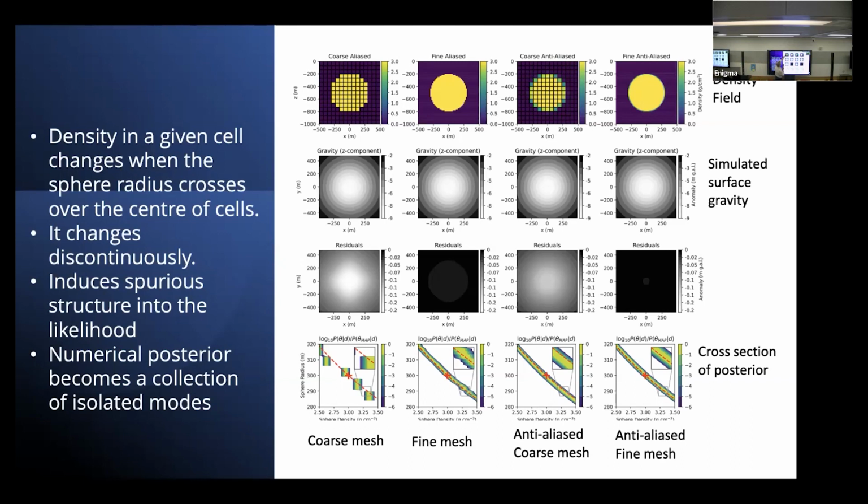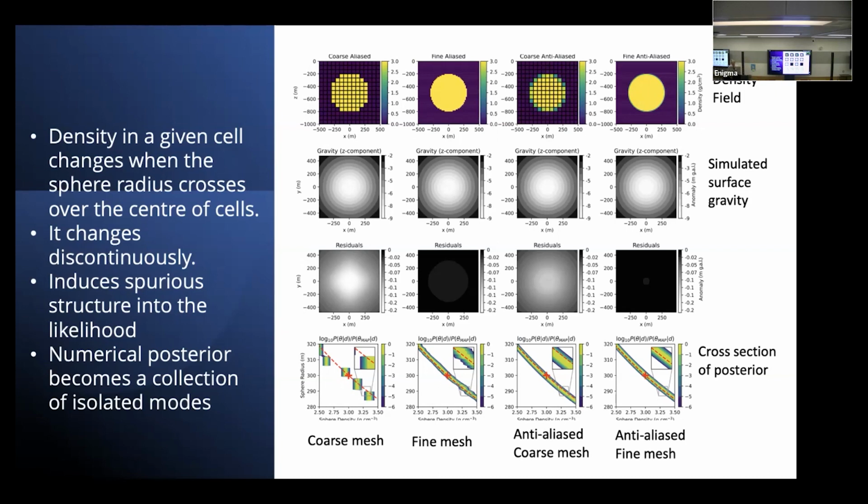So wherever the radius of this circle cut through, you had a discontinuity in the density that you actually weren't picking up. So it changes and it induces spurious structure in the likelihoods, and the numerical posterior becomes a collection of isolated nodes. So that is basically also the problem that we were seeing in all the other ones that we were having a look at.